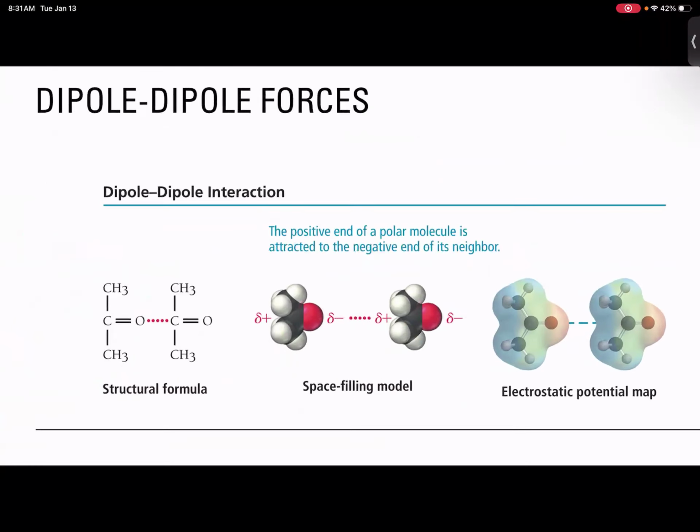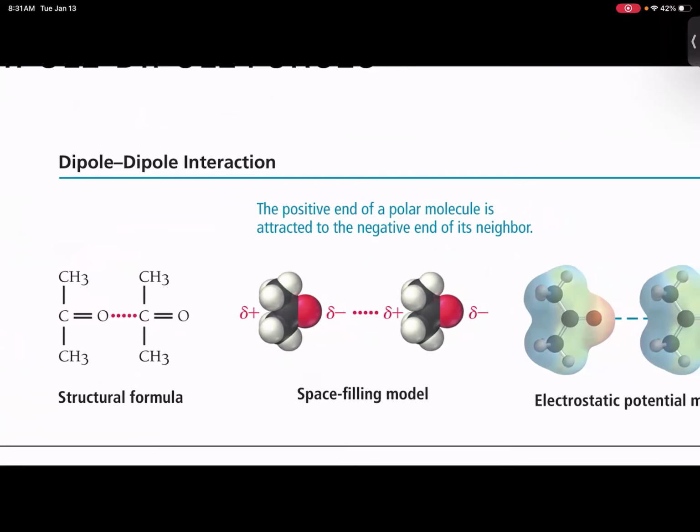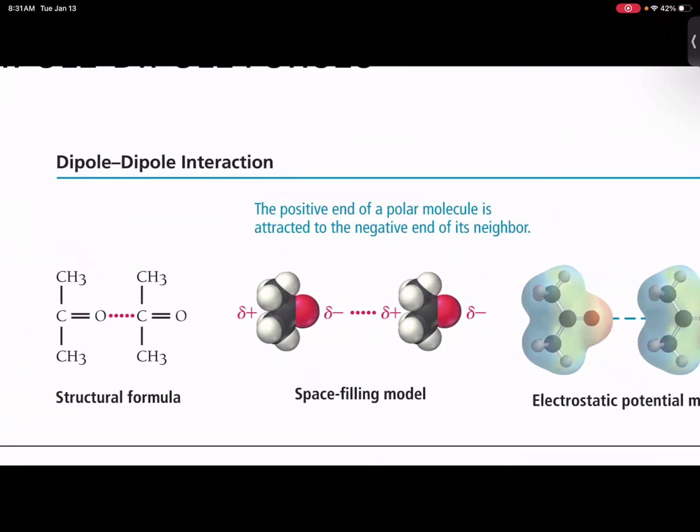Now, if you have a permanent polar molecule, it means that you've got a permanent positive end and a permanent negative end to those molecules. Because you have a permanent positive and a permanent negative, our intermolecular forces, the attraction between molecules, are now like a magnetic force.